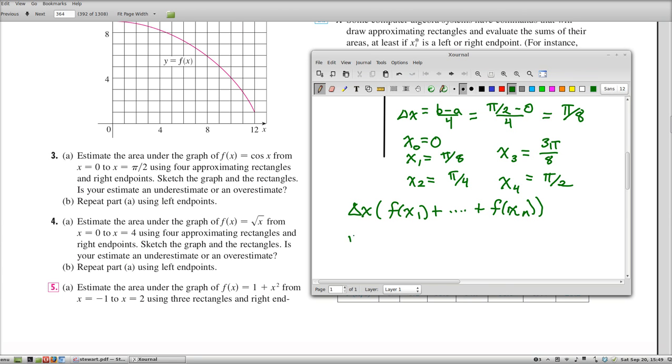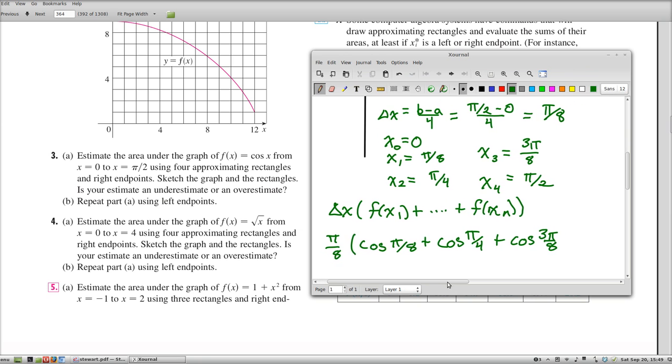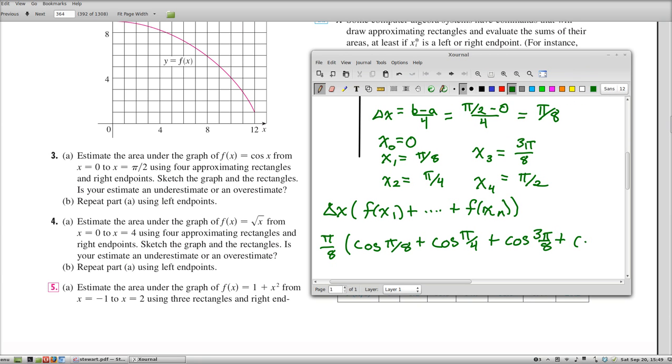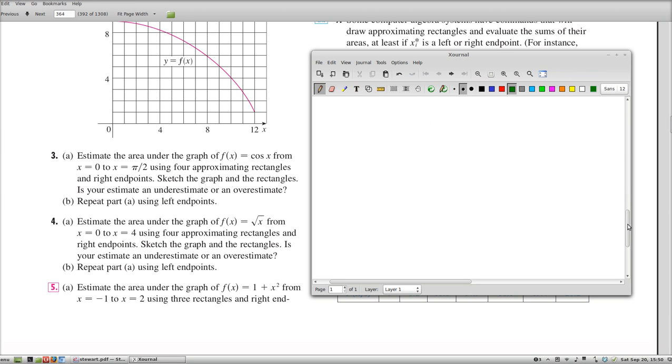In our case, this is pi over 8 times cosine pi over 8 plus cosine pi over 4 plus cosine 3 pi over 8 plus cosine pi over 2.